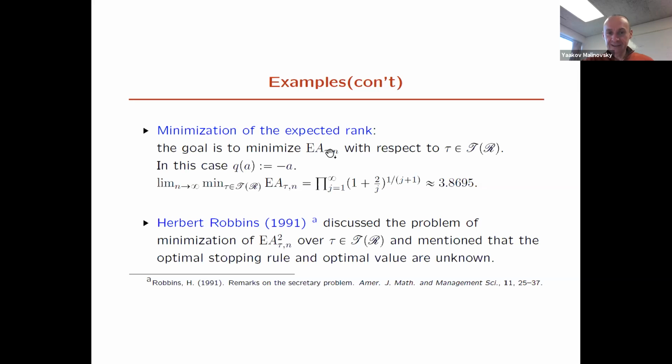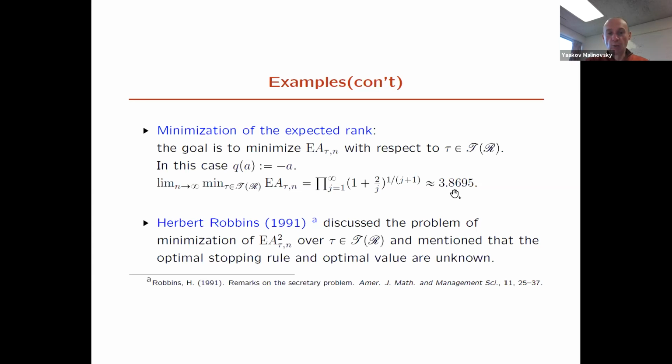In 1966, Herbert Robbins and co-authors published in the Israel Journal of Mathematics a result which says what the optimal strategy is, and the exact value and asymptotic value under this optimal strategy. For example, the asymptotic value of the minimum absolute rank under the optimal strategy is about 3.8695.